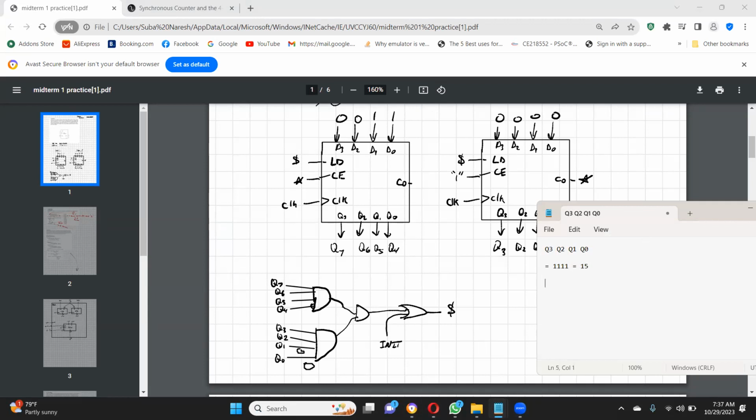So when this comes, the output of the below AND gate is 1, right? So when this is 1, but the above AND gate is already 0, right?